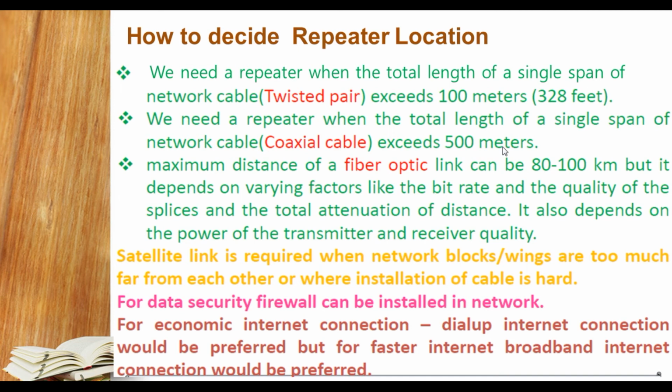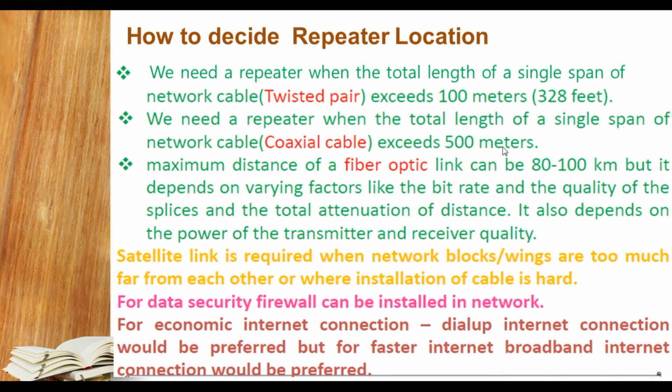A satellite link is required when network blocks are too far from each other where installing cable is hard. Suppose in a geographical area where wiring is not possible, like sea or ocean, at that time we use satellite.